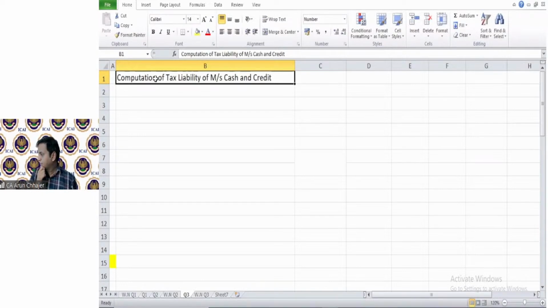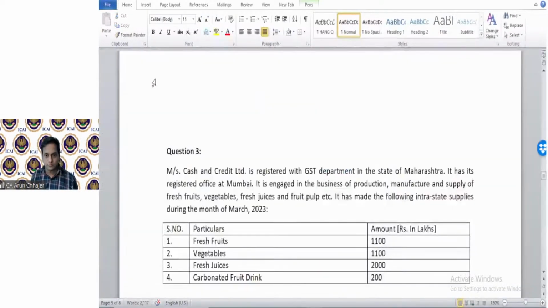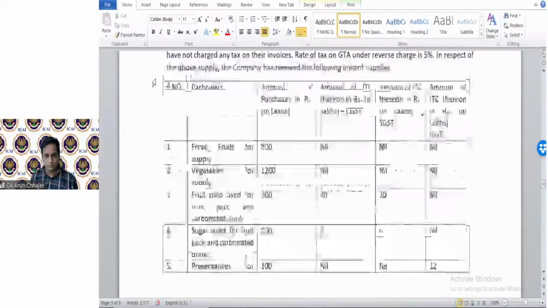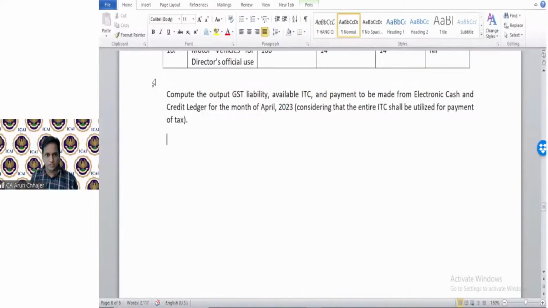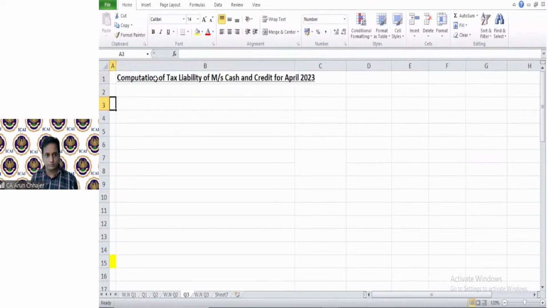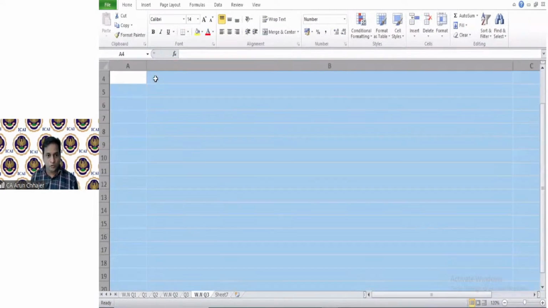Computation of the tax liability of Cash and Carry, for the month of March, I think. For the month of April 2020. So you can correct it at some place, either at the top or at the bottom. Somehow it is being written.